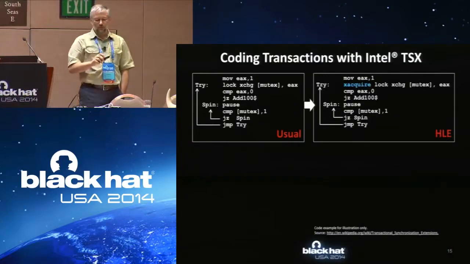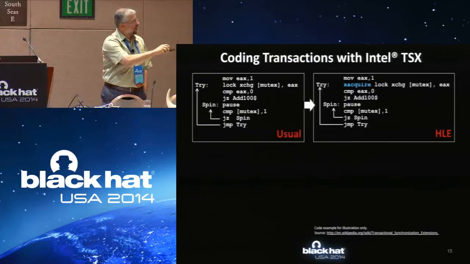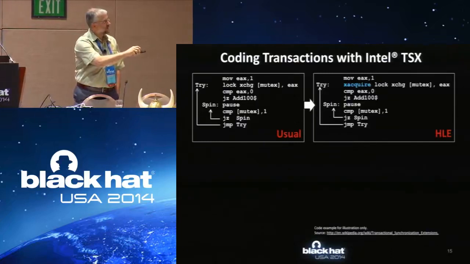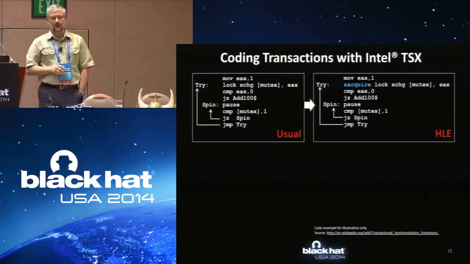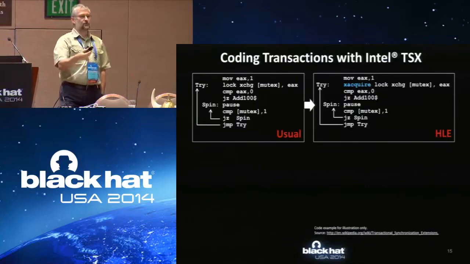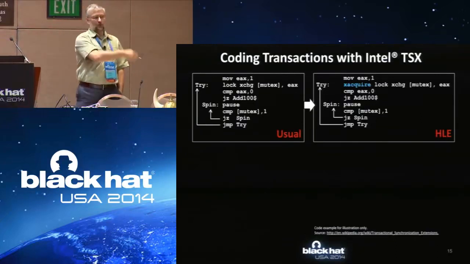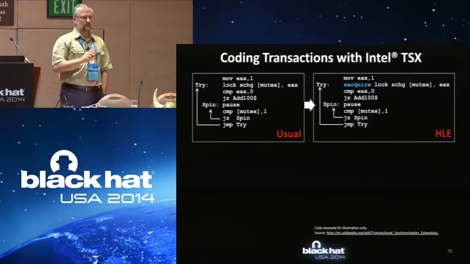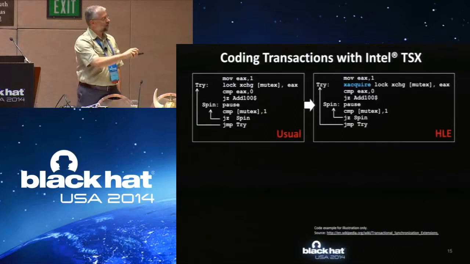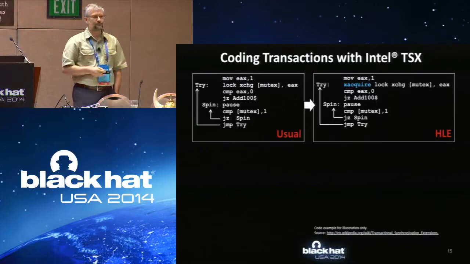So in hardware lock elision mode, all you have to do is add one simple prefix, which is XACQUIRE. What it tells the CPU to do is to go and do this transaction. Don't really care about the value in this mutex value, the lock.